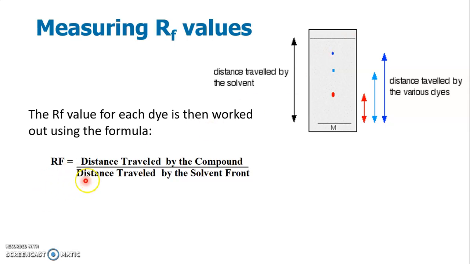So the Rf value can be calculated: Rf is equal to the distance traveled by the compound divided by the distance traveled by the solvent front. So this is the thin layer chromatographic technique. It is mainly used for the separation, purification and identification of organic compounds. So that is thin layer chromatography, which is very much similar to paper chromatography.